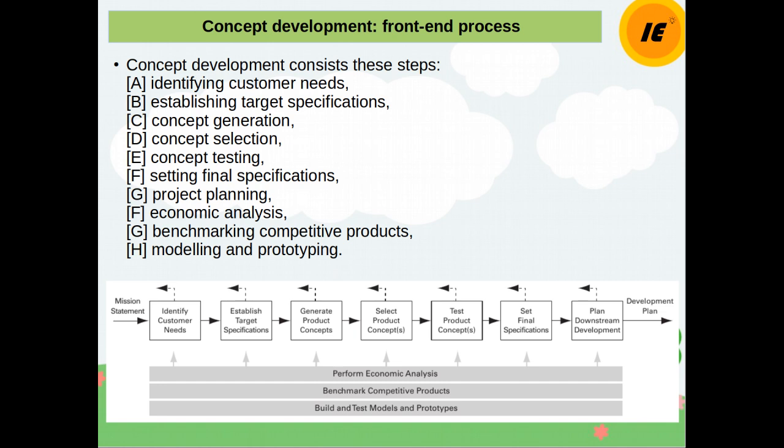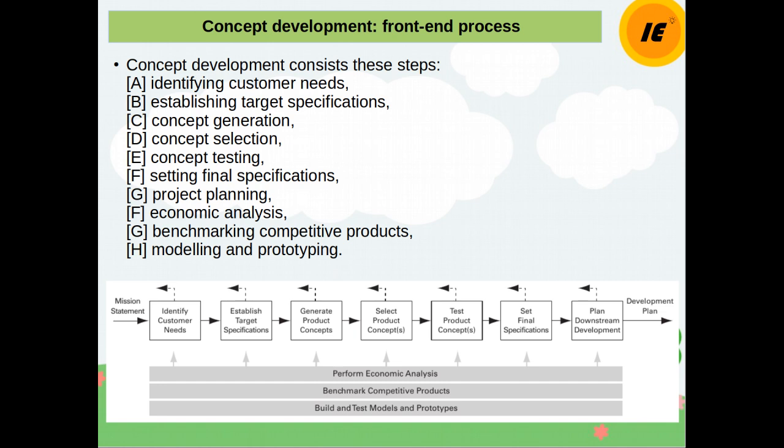Next is establishing target specifications. Specifications provide a precise description of what a product has to do. They are a translation of the customer needs into technical terms. Targets for specifications are set early in the process and represent the hopes of the development team. Later, these specifications are refined to be consistent with constraints imposed by the team's choice of a product concept.